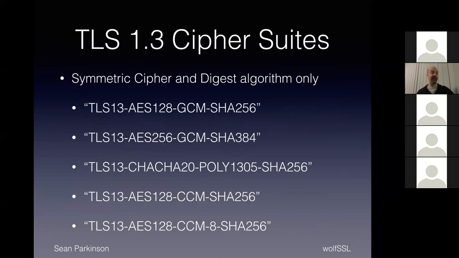So new cipher suites have changed a bit, as I talked about earlier. Previously in 1.2, the cipher suite included the key exchange and authentication algorithm. This is no longer the case, as the client's key pair is sent in the client hello, and thus the negotiation of the key exchange algorithm happens separately.